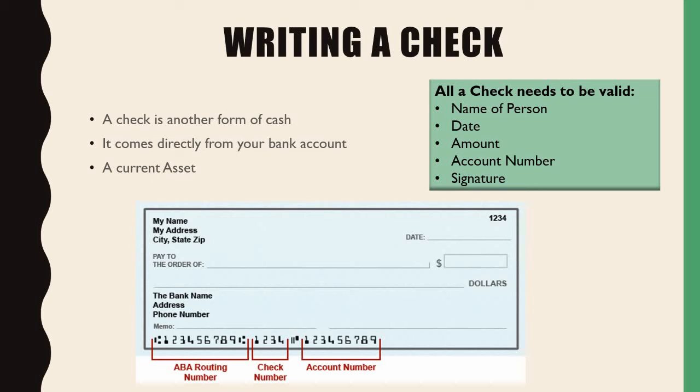Of course, businesses use checks to pay their employees if they don't do direct deposit. But understanding how to write a check is all that I really care about in this one. And you have to understand that a check is considered a current asset because technically it is, in a sense, a form of cash, but it's in your bank.